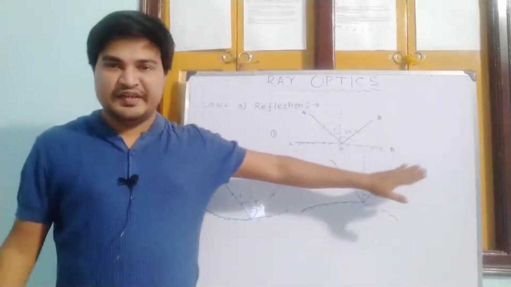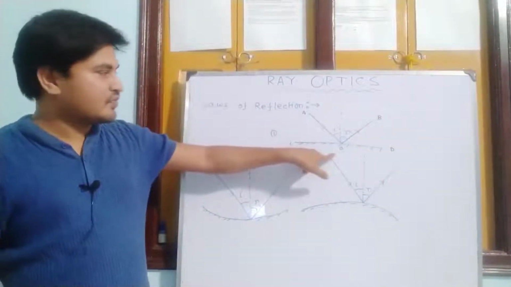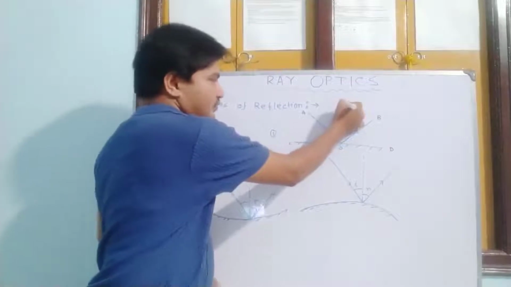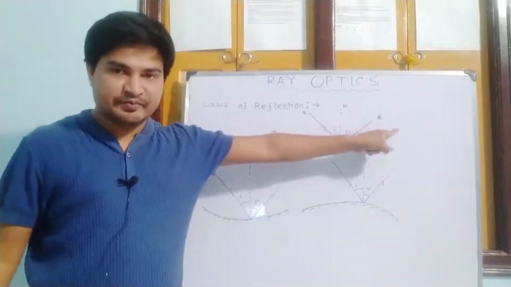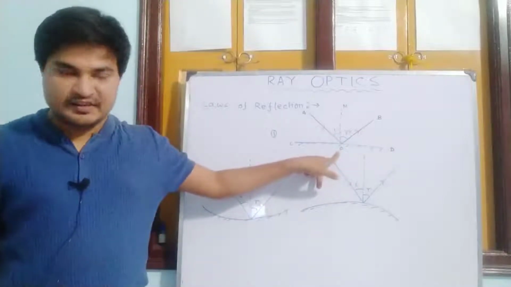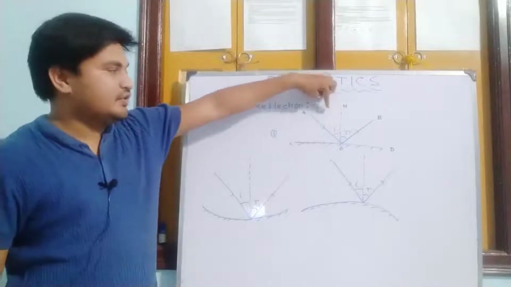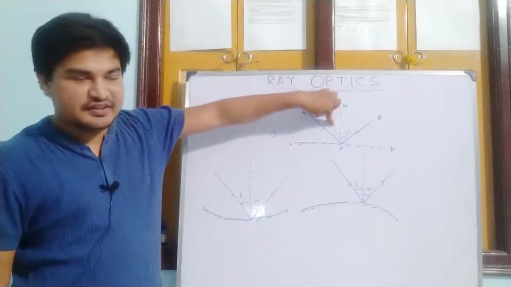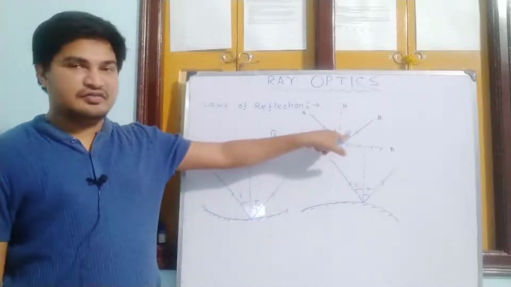CD is the reflecting surface, that is a reflector. AO is the incident ray. ON is the normal. OB is the reflected ray. O is the point of incidence, and the angle made by the incident ray with the normal is called the angle of incidence, and the angle made by the reflected ray with the normal is called the angle of reflection.